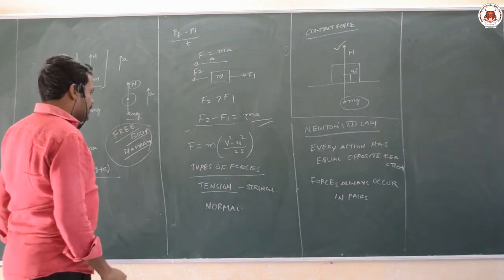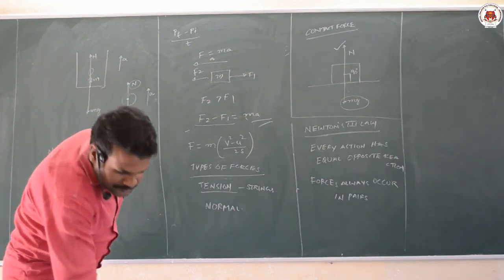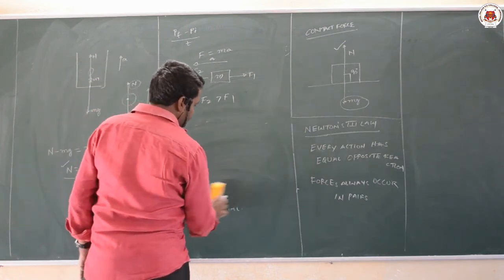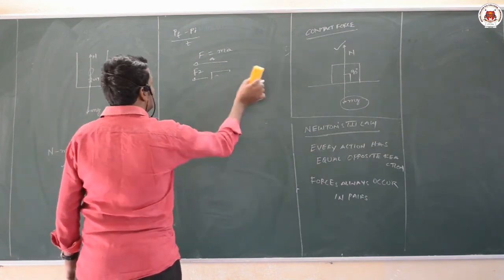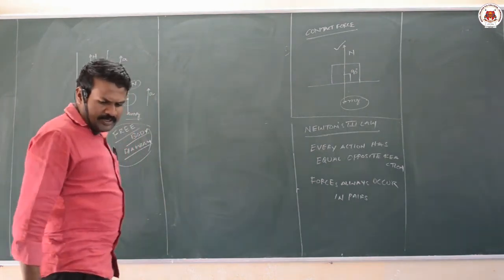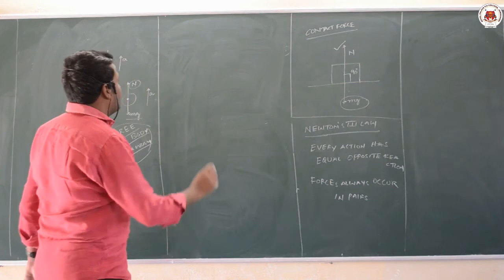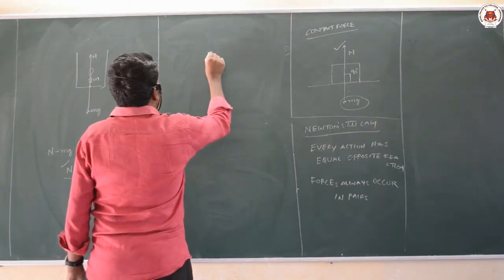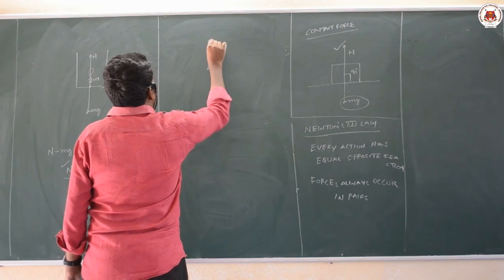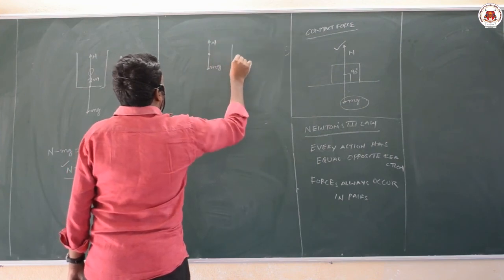Next, consider the lift moving down. When the lift is moving downwards, consider the same case. Draw the free body diagram of the man. This is mg, this is N, and this is the acceleration.